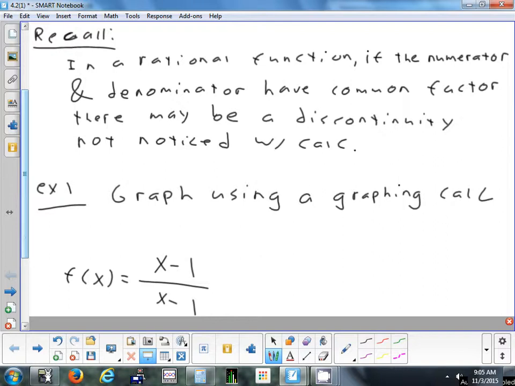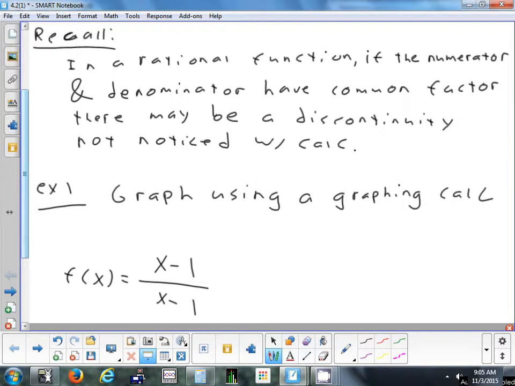So let's graph this. Okay, before I even graph it, what value would make the denominator 0? 1. Now, am I going to get a vertical asymptote at 1? Yes.